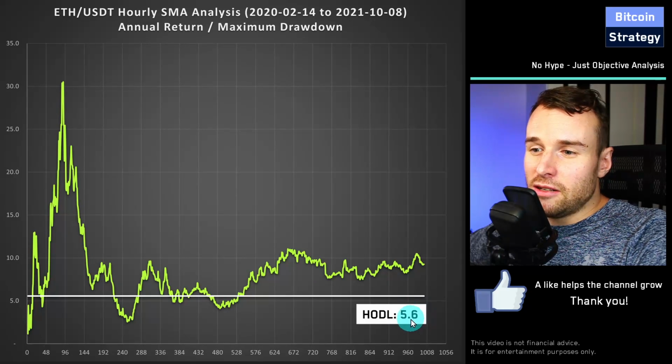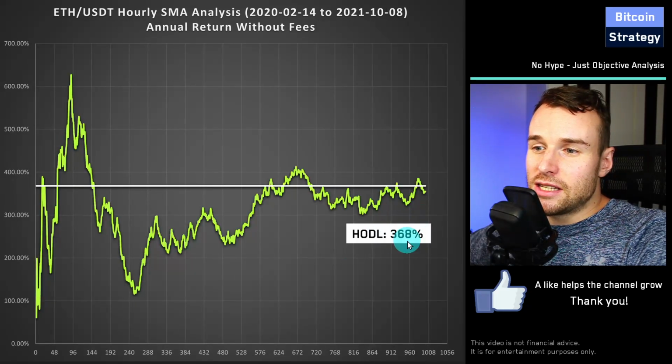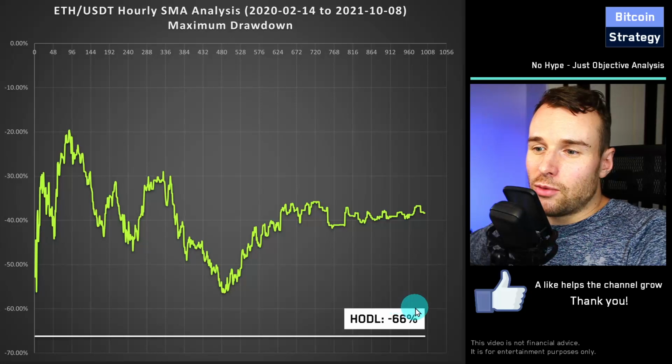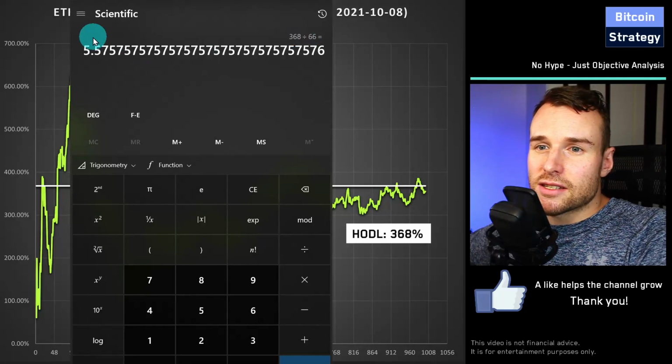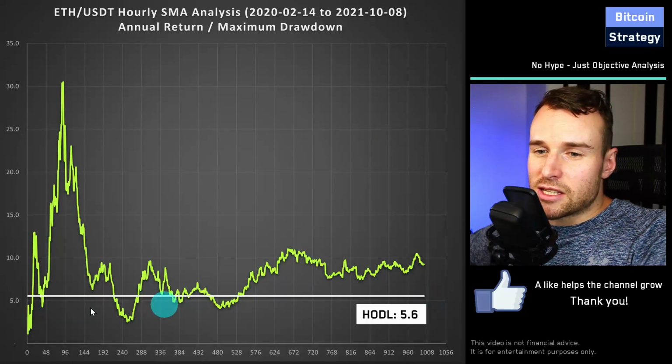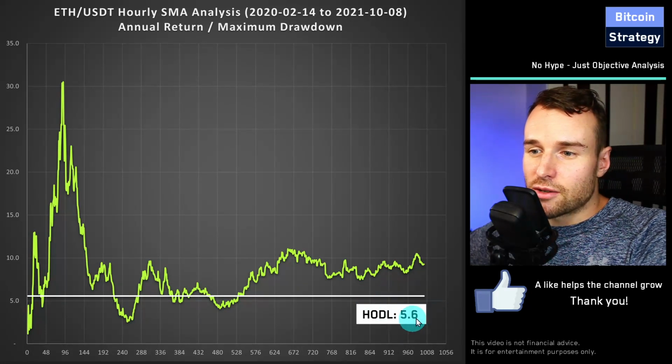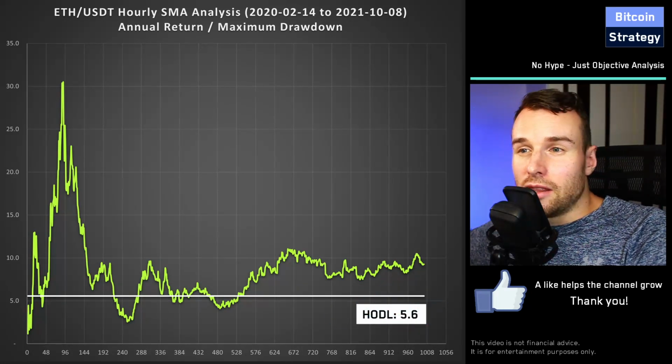So what does that mean? We get 368% per annum. And we have a maximum drawdown of 66%. So 368 divided by 66 is 5.6. So that's the benchmark for our reward divided by the risk for buying and holding Ethereum in that time period.